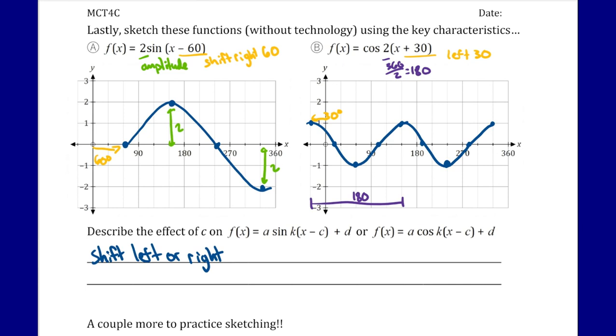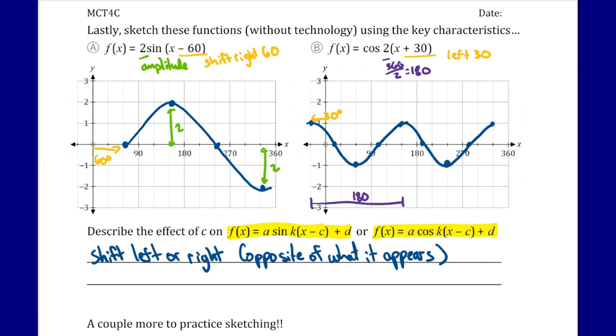And the key thing is it's going to be opposite of what it appears. Because our base function, which we can see here, tells us that we're automatically subtracting C. So if it's a positive value, usually indicating moving to the right, by subtracting a positive, it actually appears as subtraction.